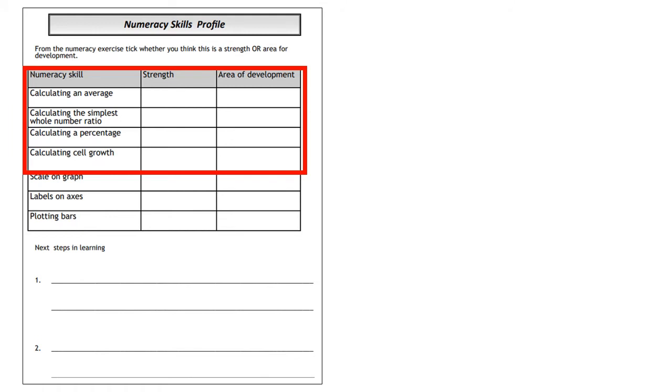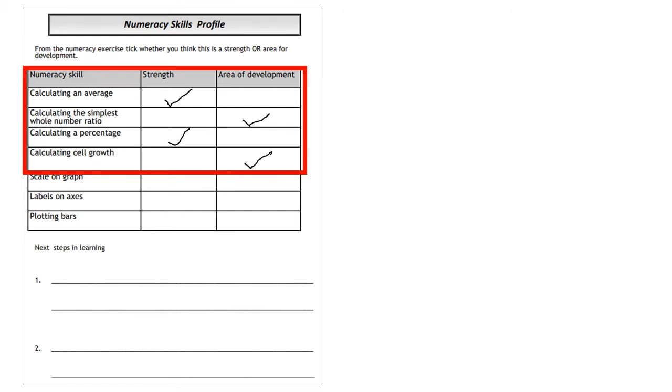If you find that you've got no problems with, say, calculating an average, you can just tick the strength box. If you struggle with simplest whole number ratio, you could maybe tick the area for development. If you're okay with calculating percentage, and then maybe you struggle with the cell growth questions, you need to have another go. Tick there. What I want you to do then, if you have marked areas for development, or even if you put strengths for all of them, is talk about the next steps in learning.